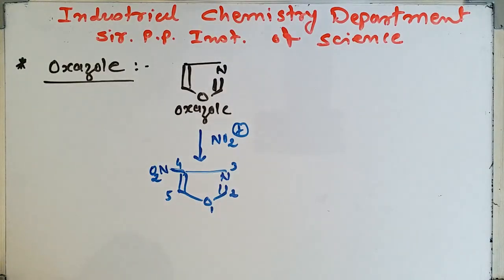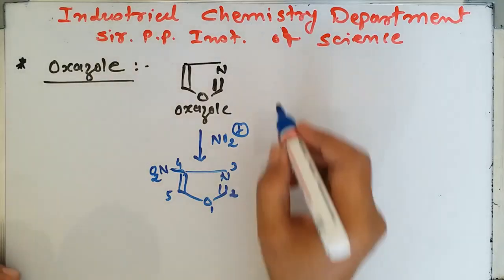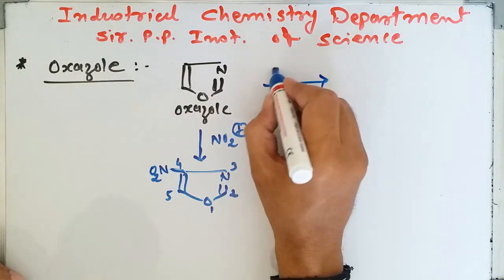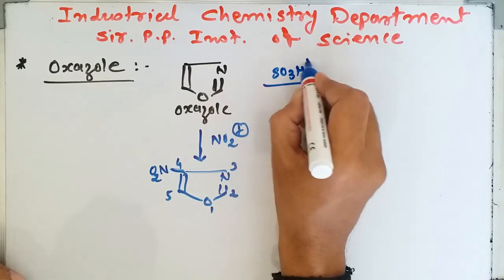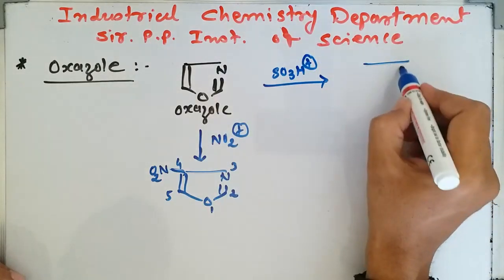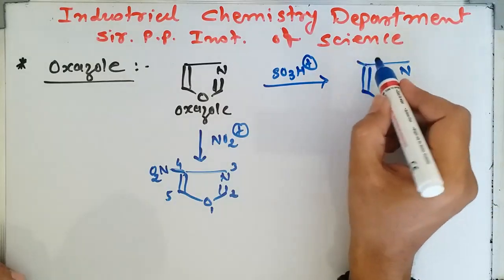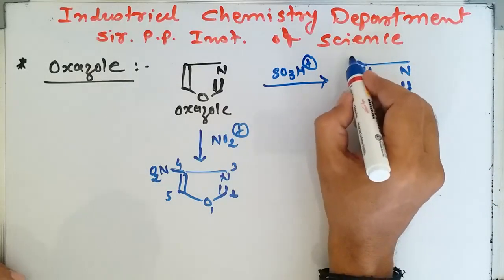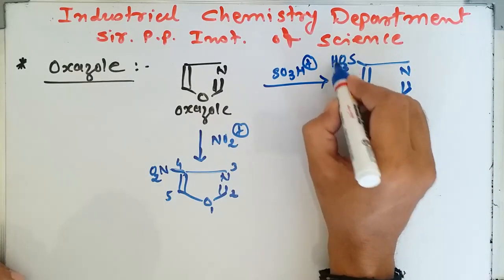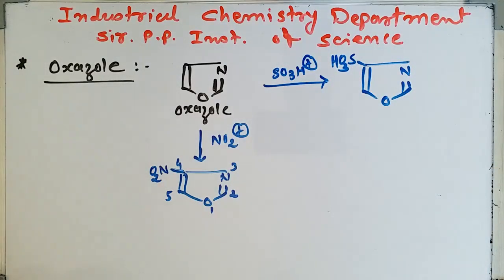Sulfonation takes place and oxazole 4-sulfonic acid is obtained.